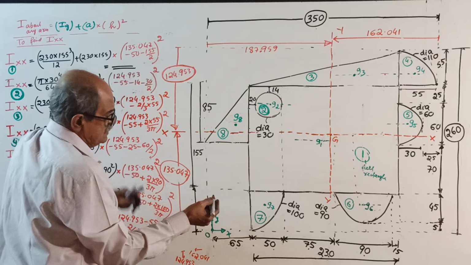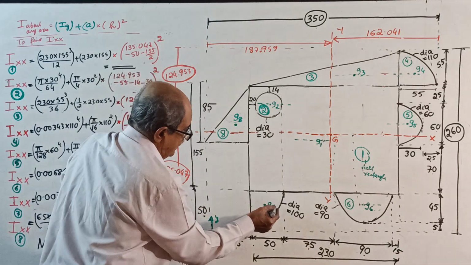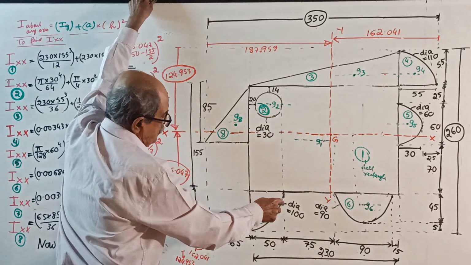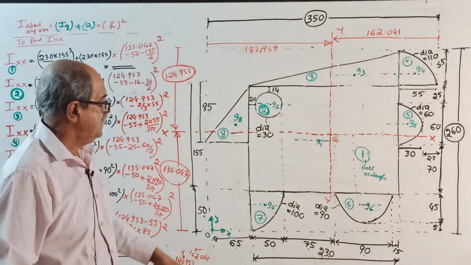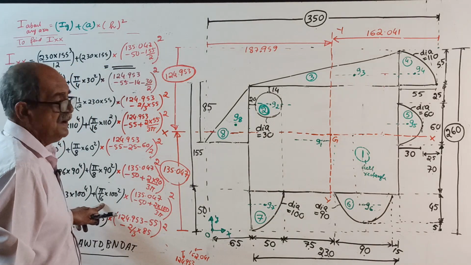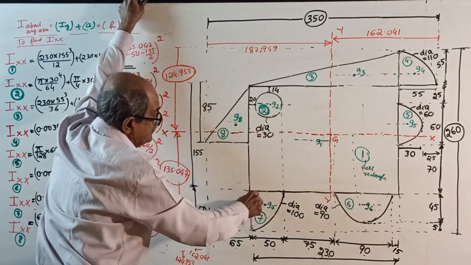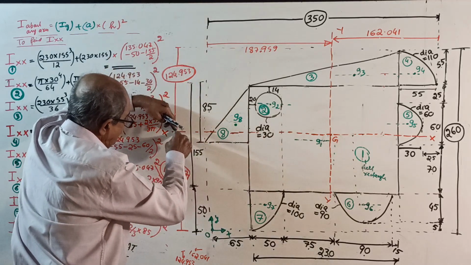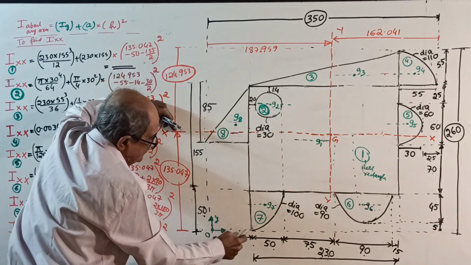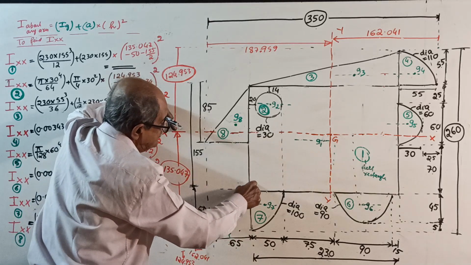Then seventh one, I about, once again, its own centroidal axis: 0.00343 d^4 plus area π/16 d² into, see, this distance squared. Once again, from 135.047, subtract this distance. You will get this distance.